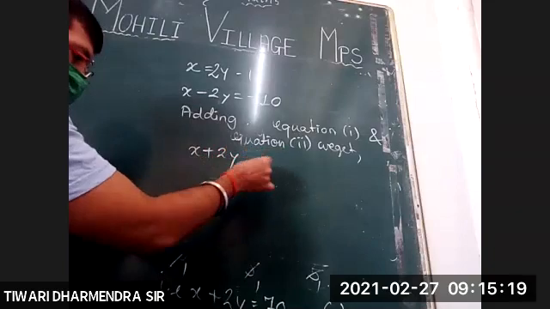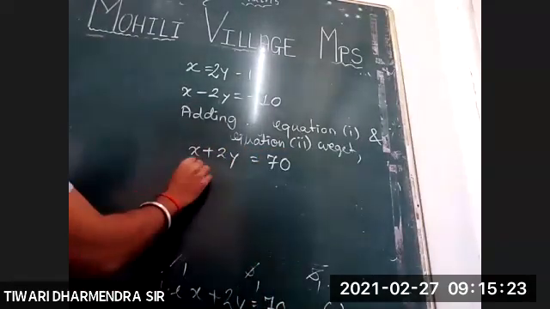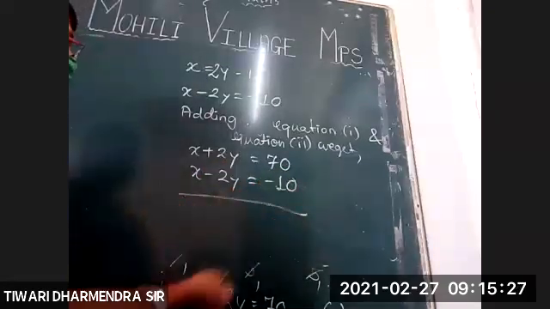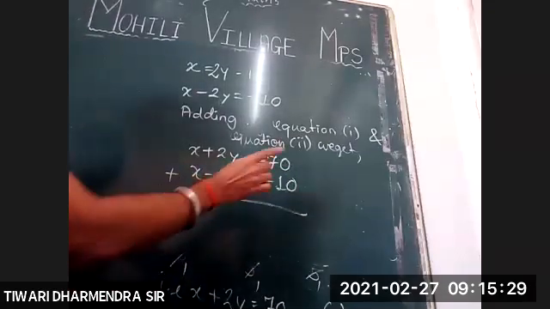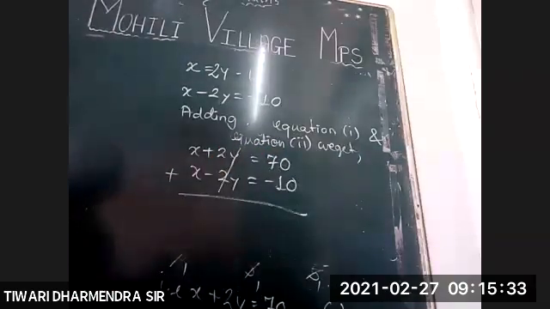Adding equation 1 and equation 2, what do we get? X plus 2y equal to 70 and x minus 2y is equal to minus 10. If you add, sign will remain same. 2y gets struck out because the variable with same coefficient has opposite sign.